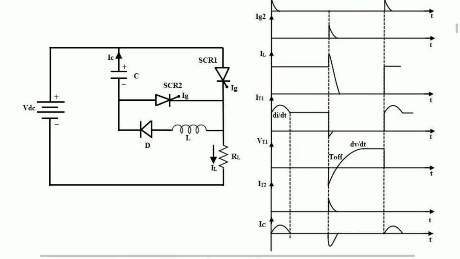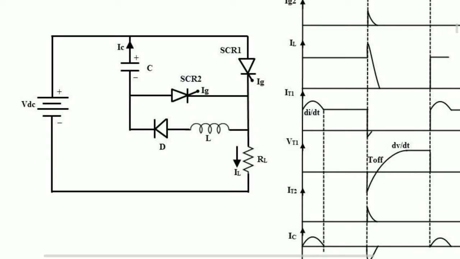Initially both SCRs, the main SCR1 and SCR2, are in the off state. As soon as we provide the DC supply, we trigger SCR2. After triggering, SCR2 turns on and the forward current flows.